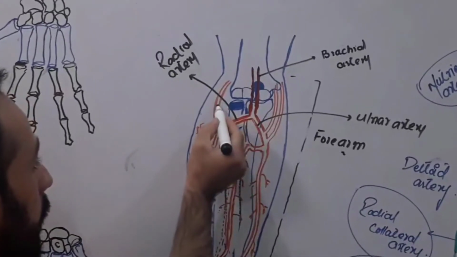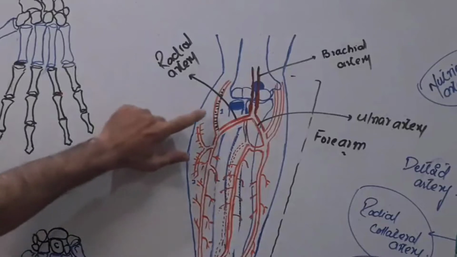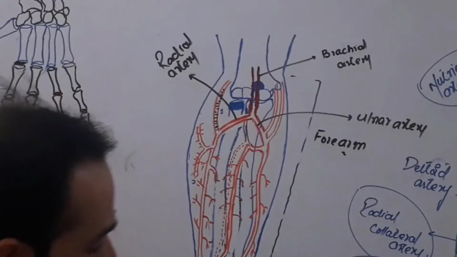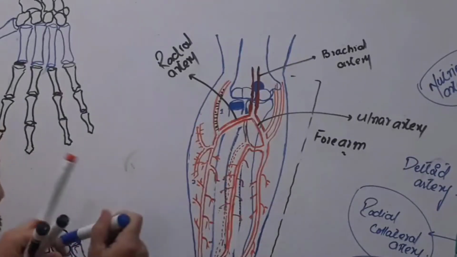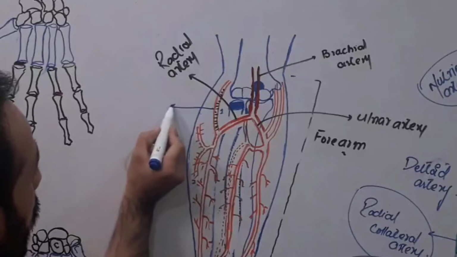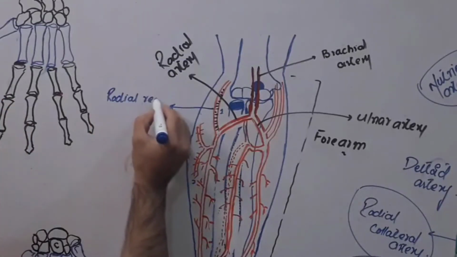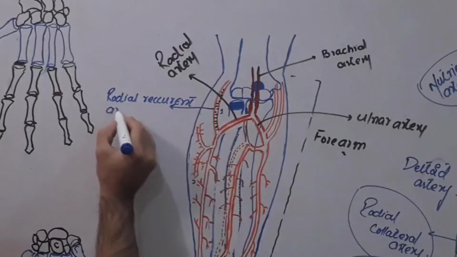This artery, as you guys know, we have mentioned this artery also here, right? If you can see, this artery is the radial recurrent artery. So this is its first branch. Let me mention. This is our radial recurrent artery, right?